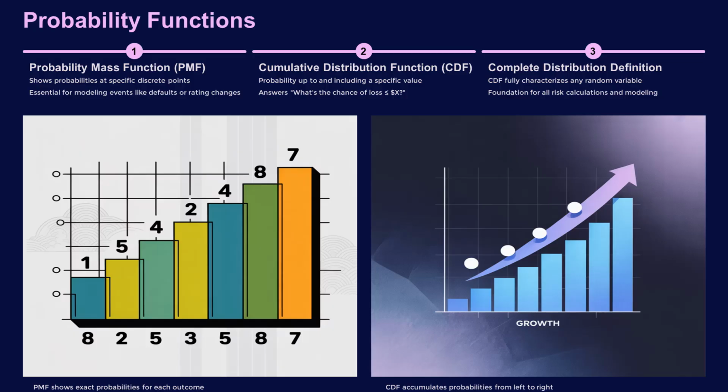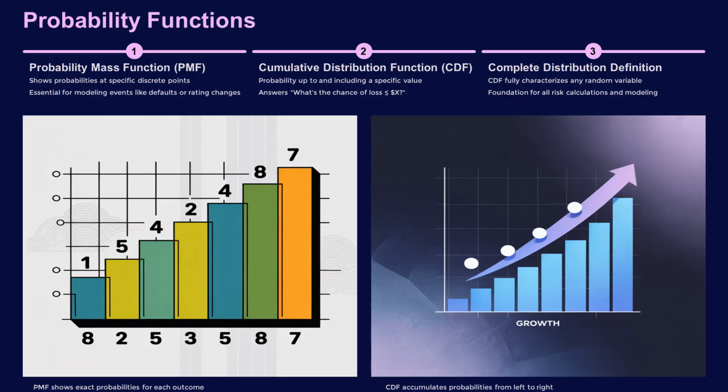To complement this, we use the cumulative distribution function, CDF. This gives us the probability that the random variable is less than or equal to some value. For a Bernoulli, the CDF is a step function: 0 until 0, then it jumps to 1 minus p, and finally jumps to 1 at 1.